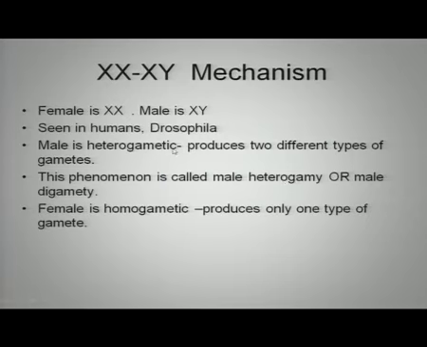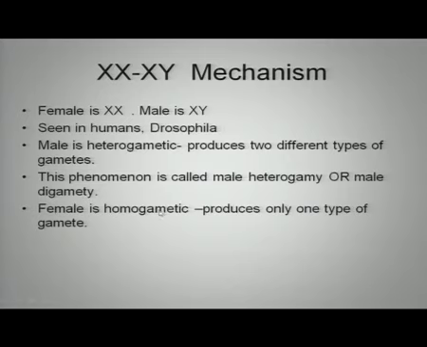This phenomenon, the production of two different types of gametes by the male individual, is called male heterogamy or male digamety. Digamety, two different types of gametes are produced.